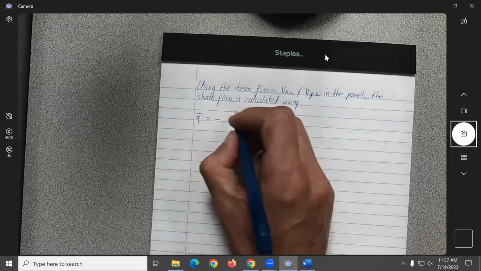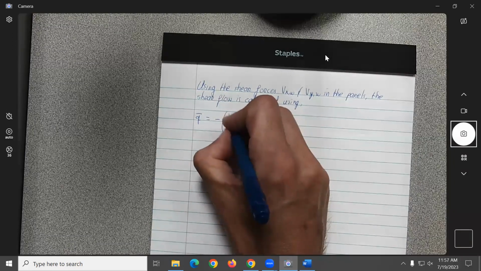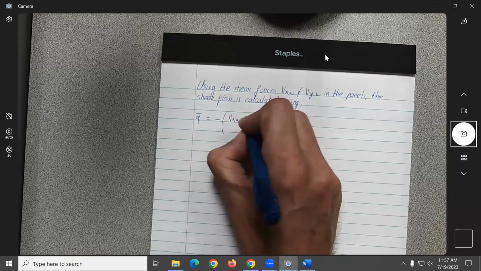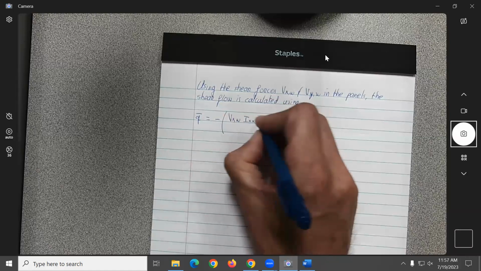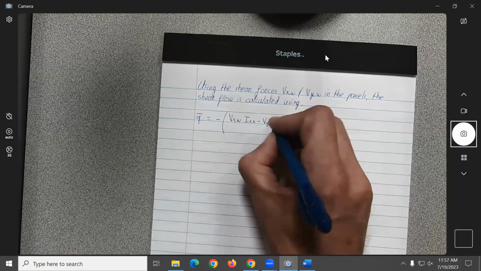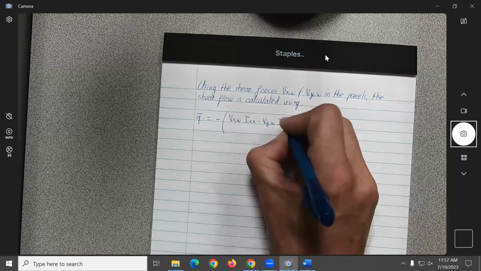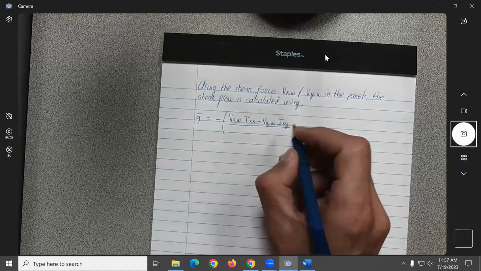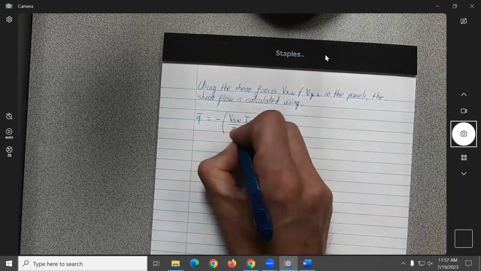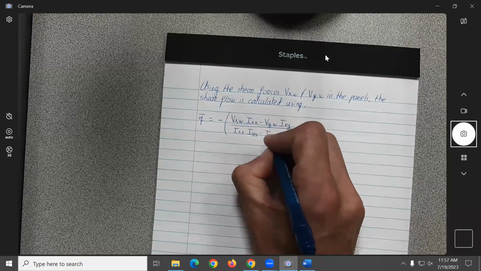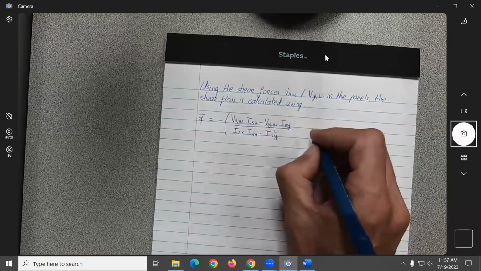Minus, and we have a long equation here, Vx wing Ixx minus Vy wing or skin Ixy. If you look at it, this is related to the one of the bending, Ixx Iyy minus Ixy square.